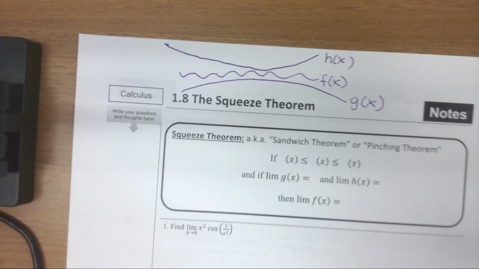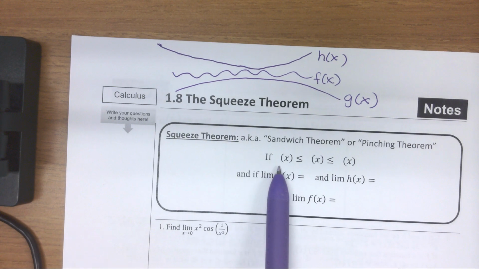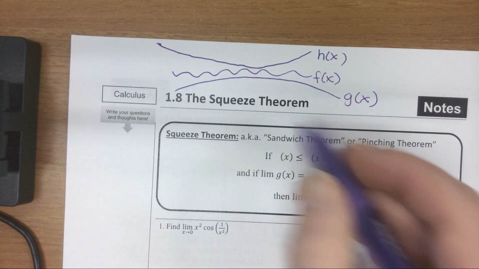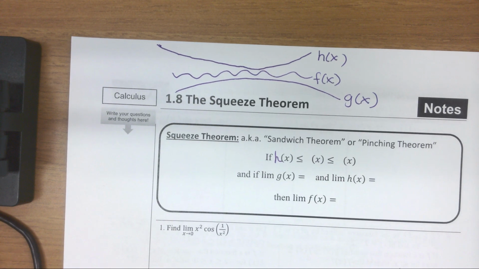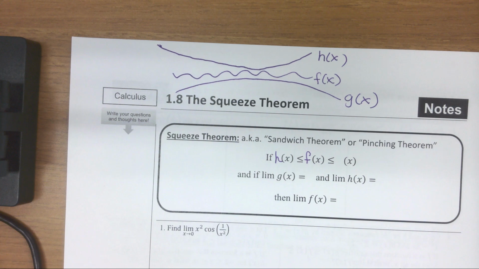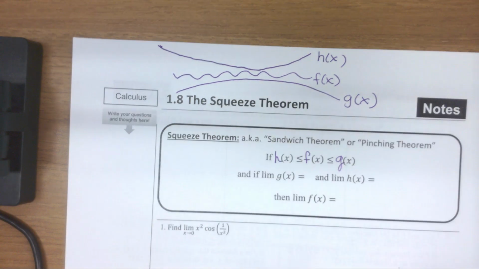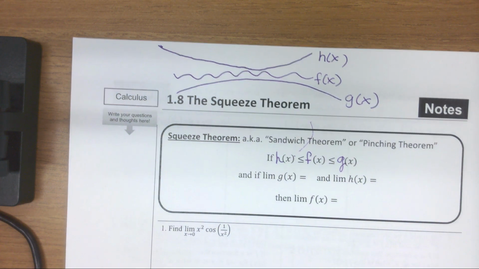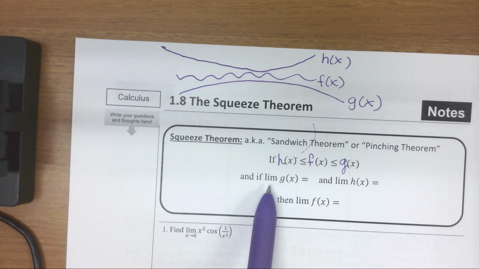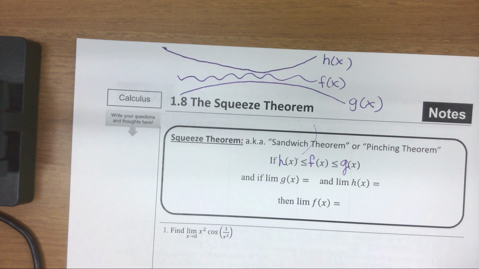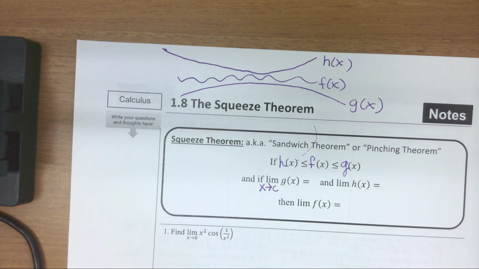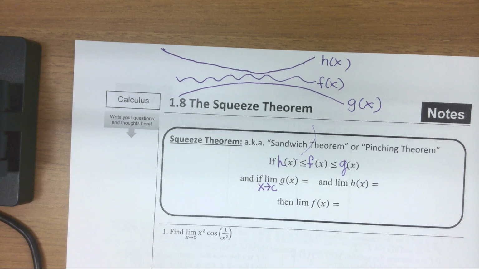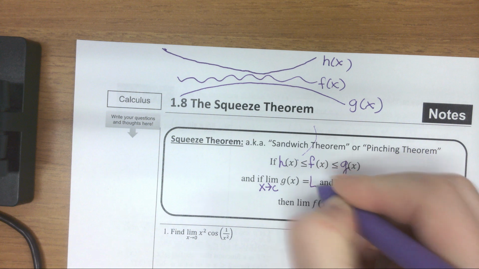Okay, so we're going to fill some things in here. So we're going to say if h of x is less than or equal to f of x, and that's less than or equal to g of x. It's kind of like what I have going on here, except I flipped them around. And let's say I told you the limit as x goes to some value, so the limit as x goes to c, let's stick a c there. C is just a random x value. Of the function g of x is, we'll call it L. L for limit.